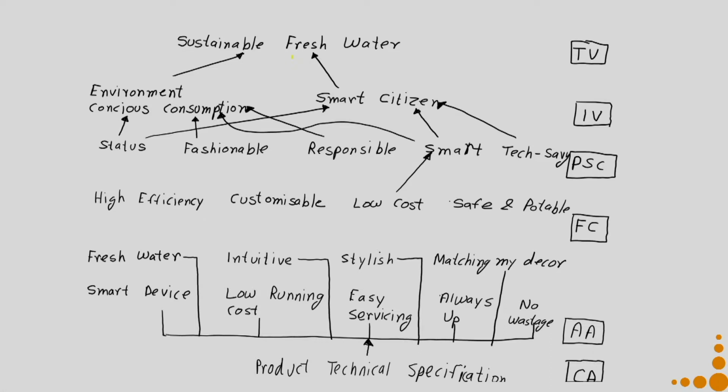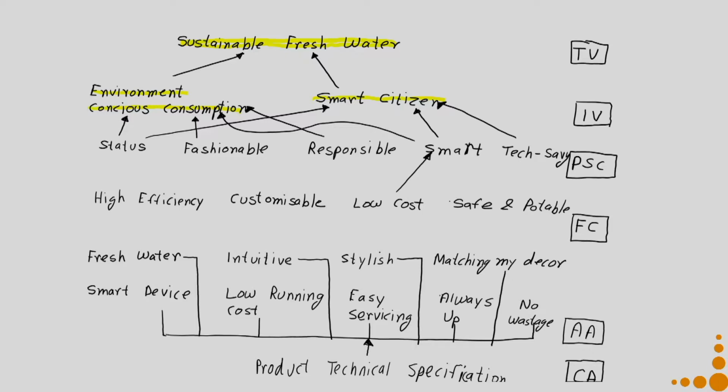So my terminal value is, I want sustainable fresh water. What are my instrumental values? Environment conscious consumption, smart citizen. So you can see both of these, environmental conscious consumption, that's a moral value. Smart citizen is a competence related value.